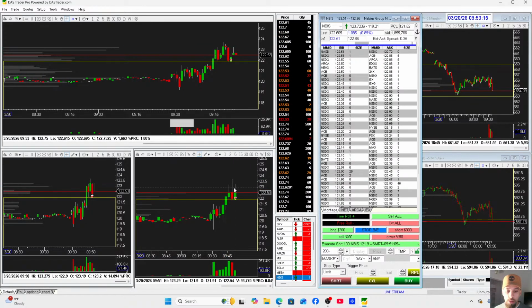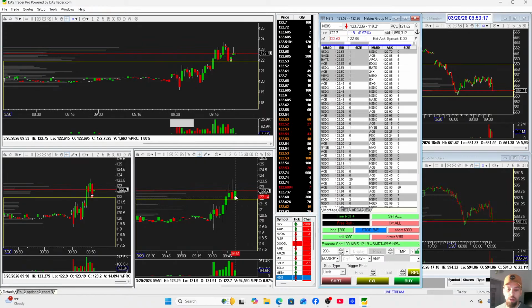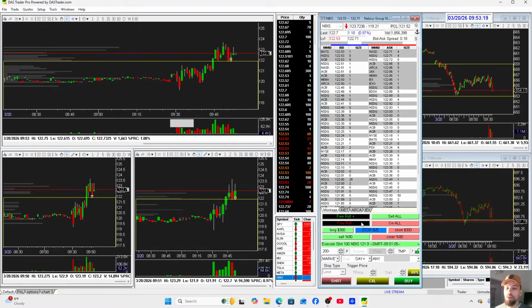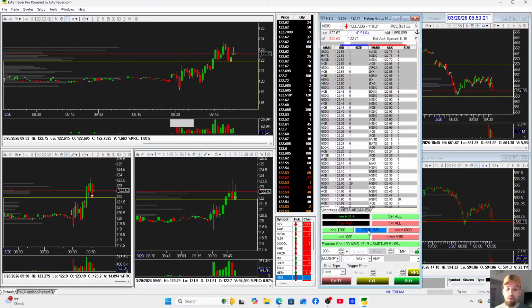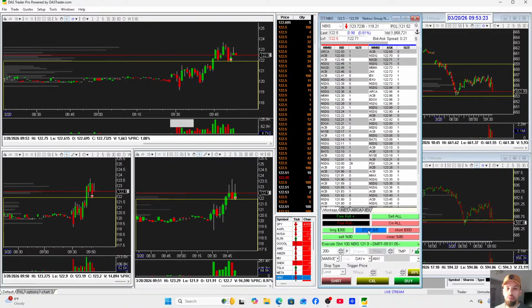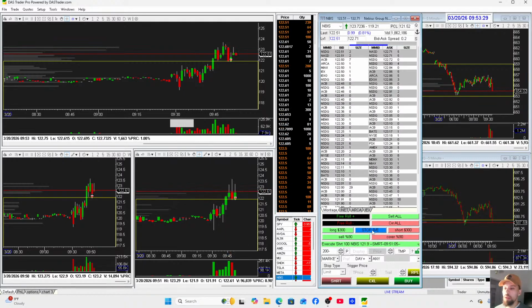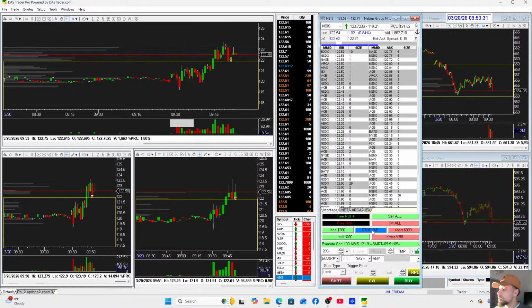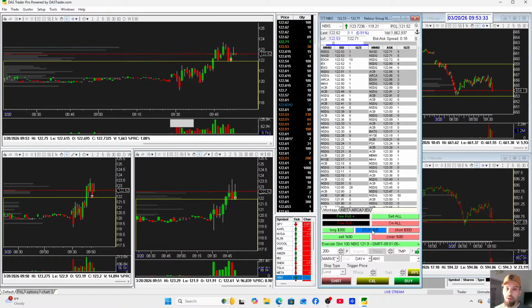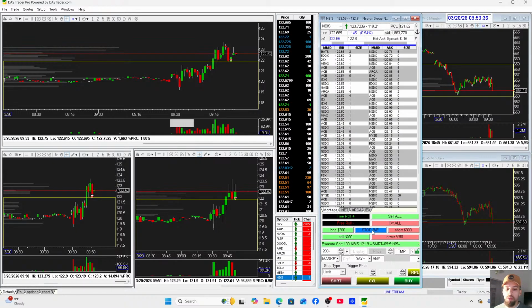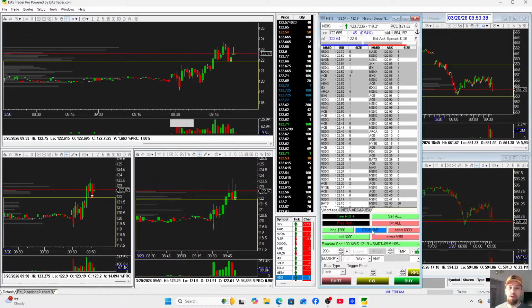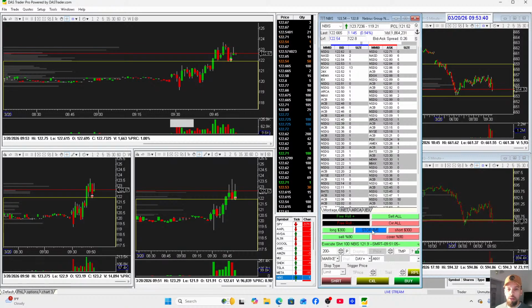It'd be nice to see this 3 minute make another long wick with a sell off. If it does do that, I may add to the position for the move down. Spine key is looking weak. It's nice to see for me. Just love to see NBIS get on that train as well.